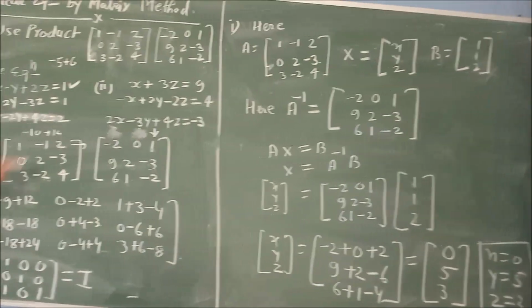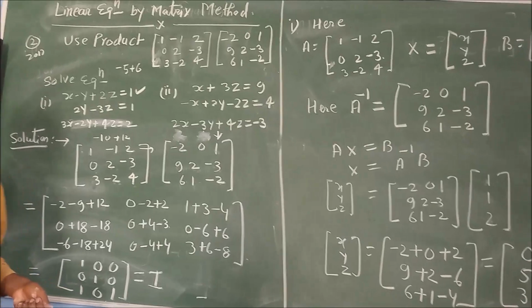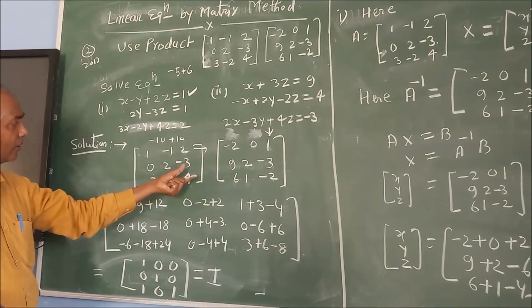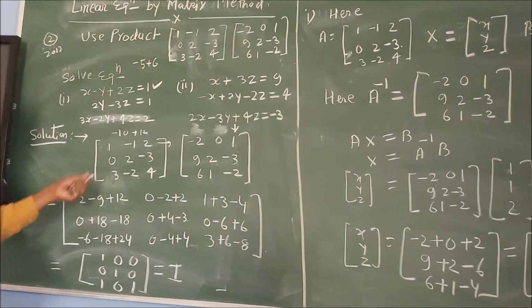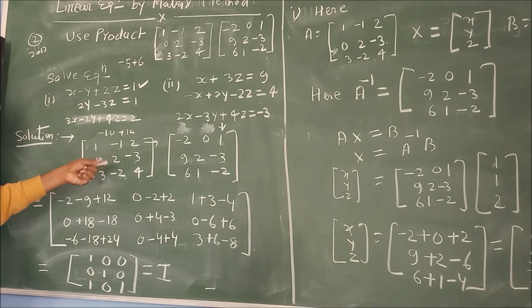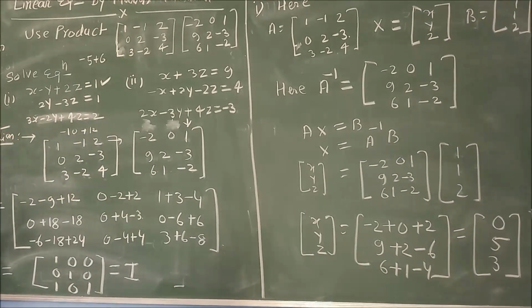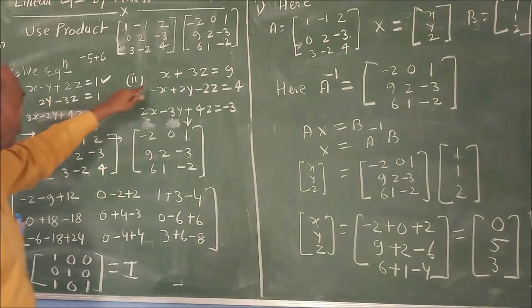Now watch here. We have to see the second part. For the second part, we have to also use these results. So what we will find? See here, using this product, we have to find the result. What is the difference? If you check here, the second part is this here.